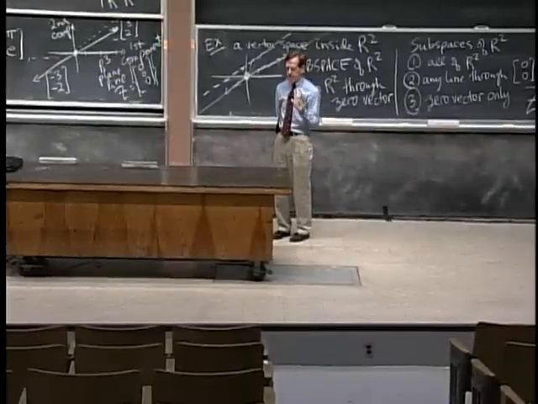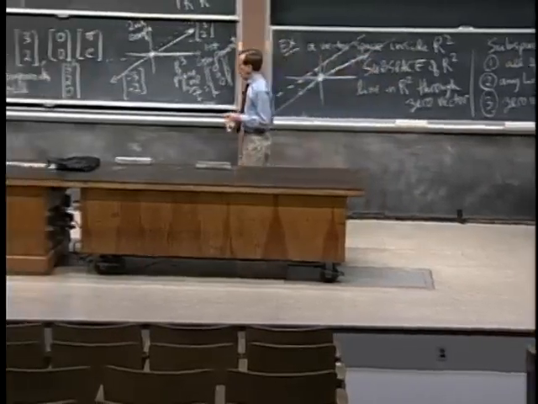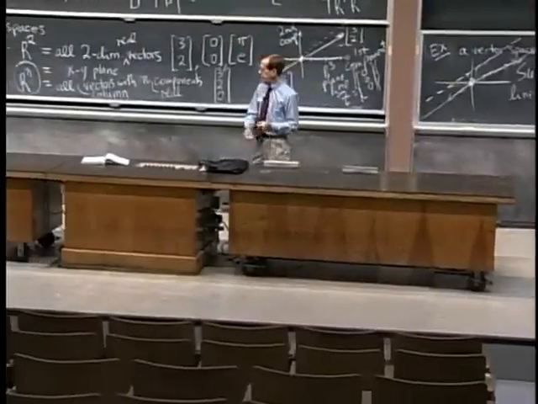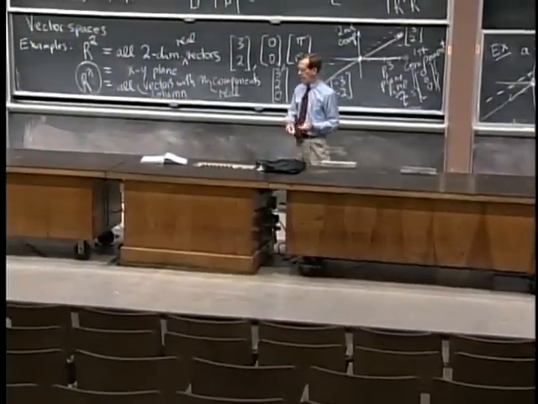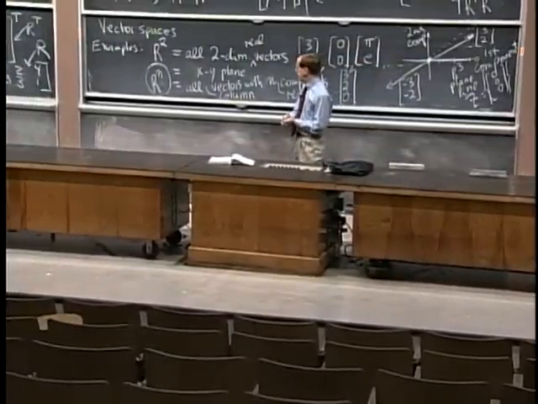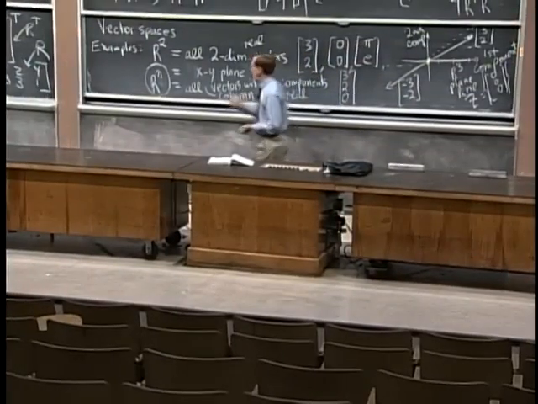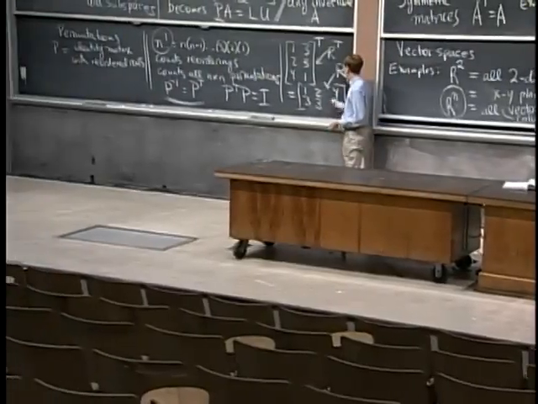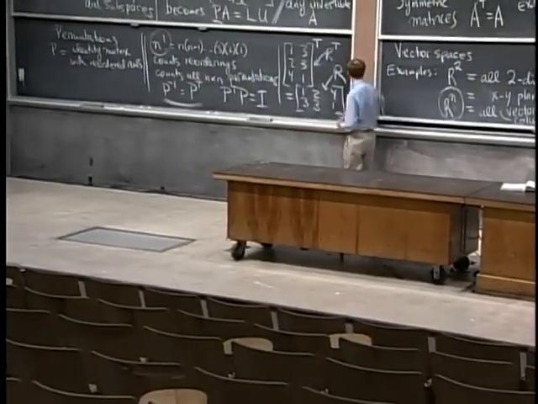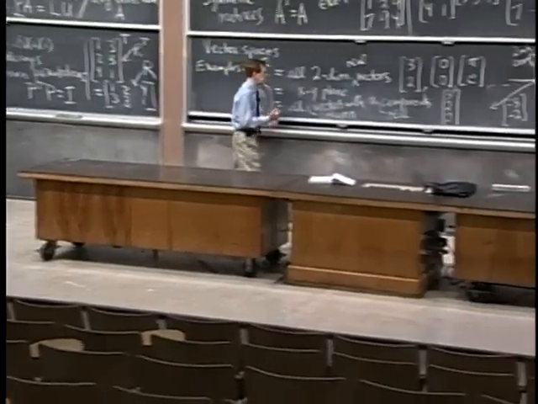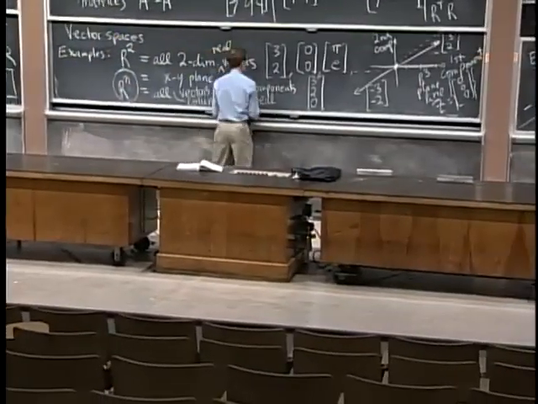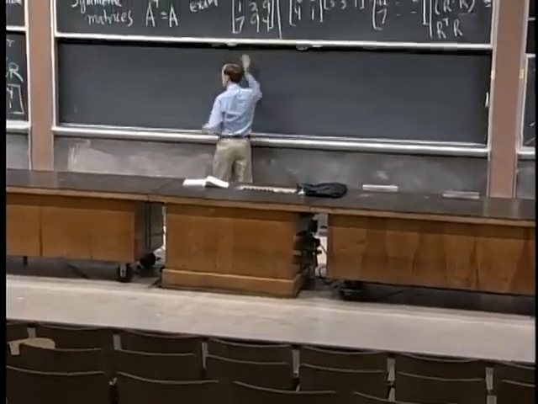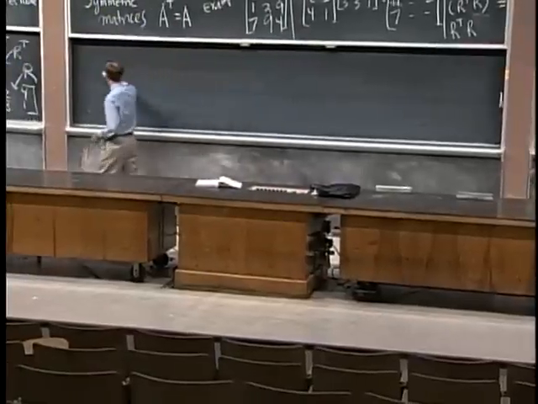But now comes the reality: where do these subspaces come from? How do they come out of matrices? And I want to take this matrix, and create some subspaces out of that matrix.